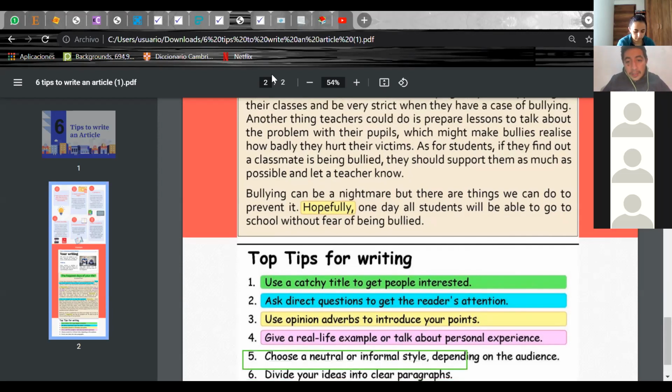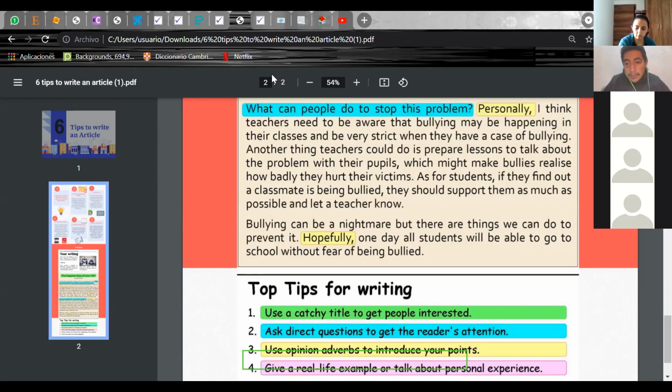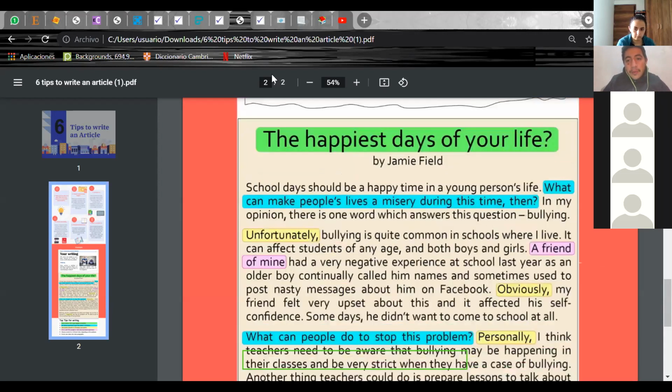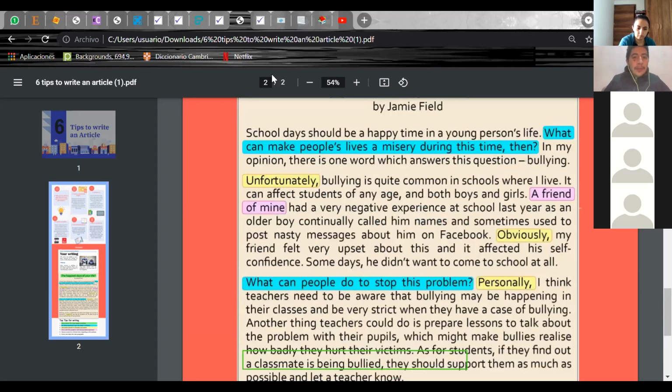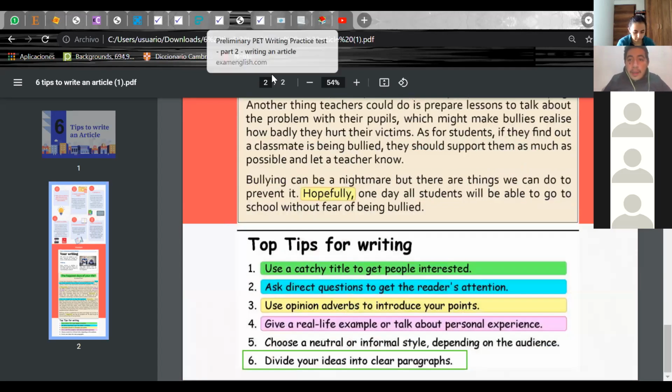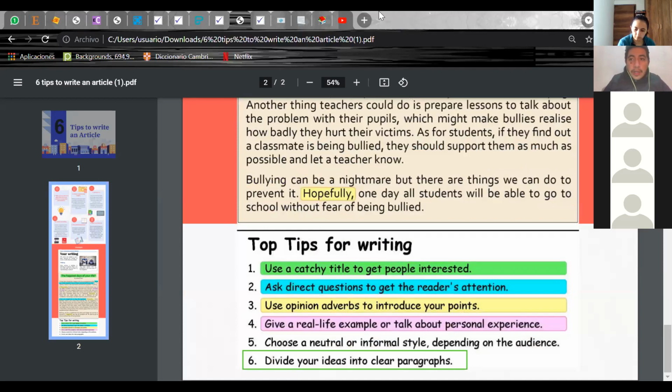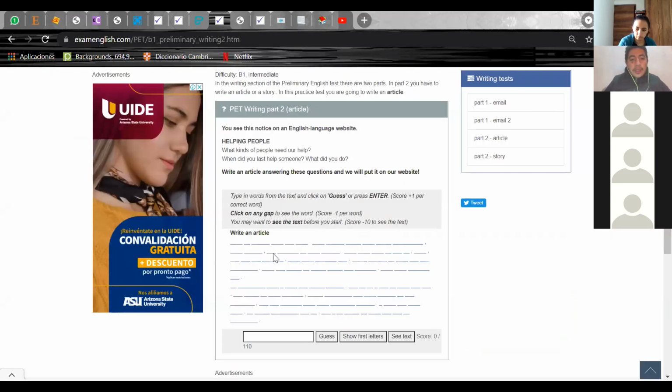So as you can see here, we have 1 paragraph, 2, 3, and 4 paragraphs. And that's it for writing an article. Maybe if you find this in your test, you have to write an article. Now you know some useful tips that will help you to write it in a better way.